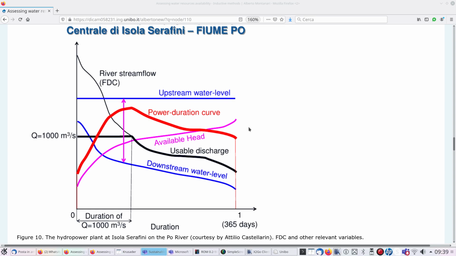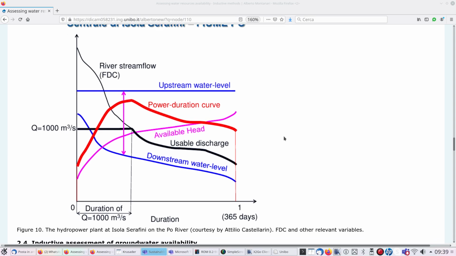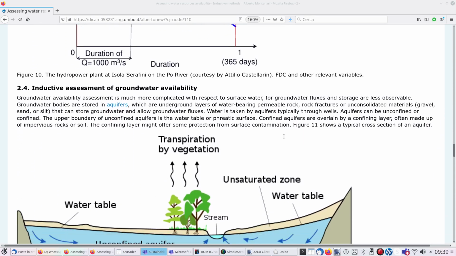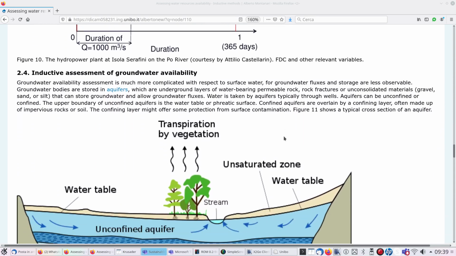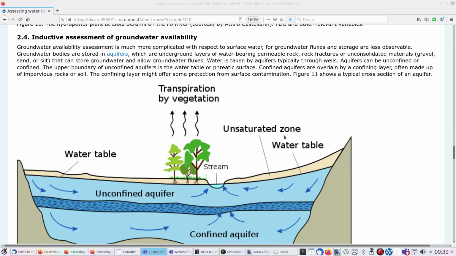And for this reason, it is not easy to monitor groundwater resources. And this is what I want to briefly mention now by again subdividing between inductive assessment and deductive assessment. Let's focus first on inductive assessment. Inductive assessment of groundwater availability.